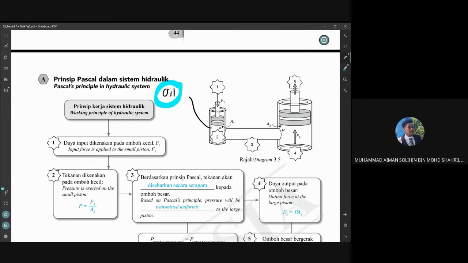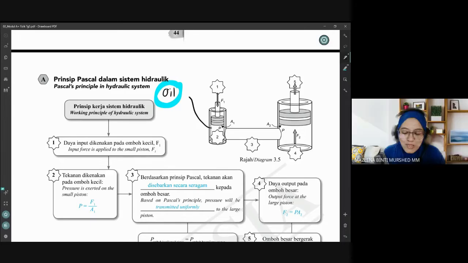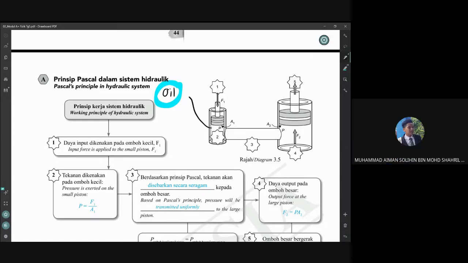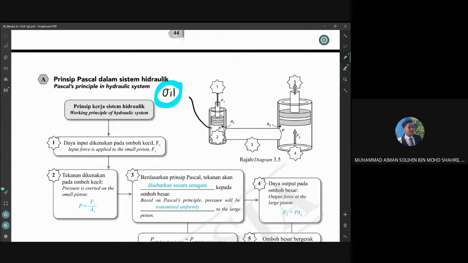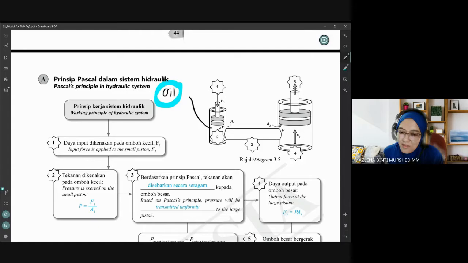Nak exert pressure dekat omboh tu. Nak exert pressure ke omboh tu jadi macam mana kalau oil? Jadi senang sebab density rendah. Oh, daya yang dikenakan kecil lah maksud awak. Sebab dia tekanan, sorry bukan tekanan, ketepatannya rendah, begitu. Okey, faham. Tasha?